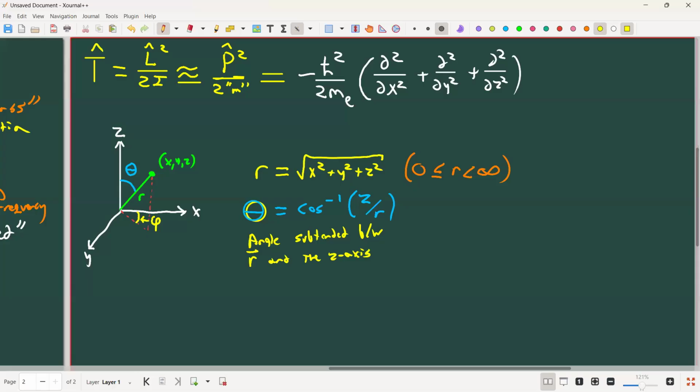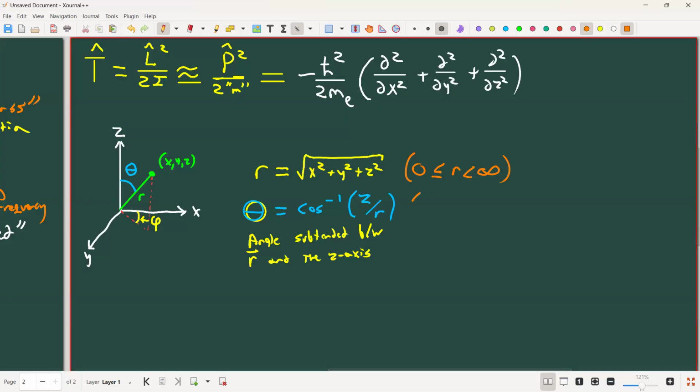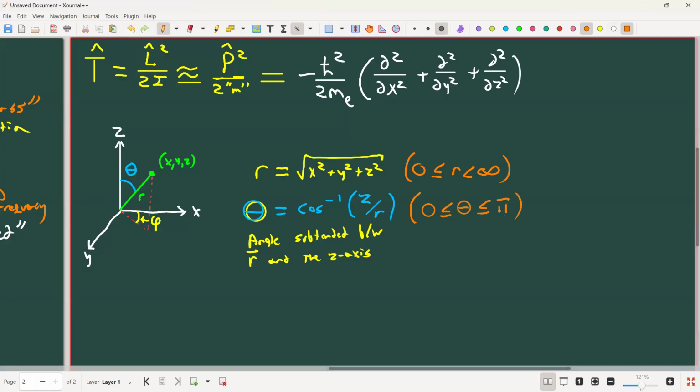So the z-axis goes from positive to negative, and it's 180 degrees of phase, if you will. It can either be up or all the way down. It doesn't really matter if you're on the other side of the circle because they're all the same value. So this just ranges from 0 to pi. Right? Pi would be a vector pointing completely downwards.